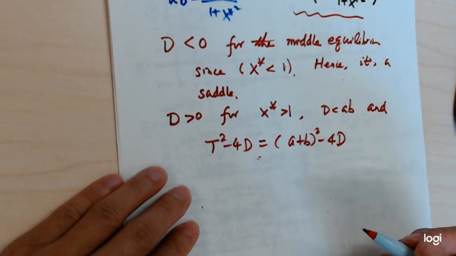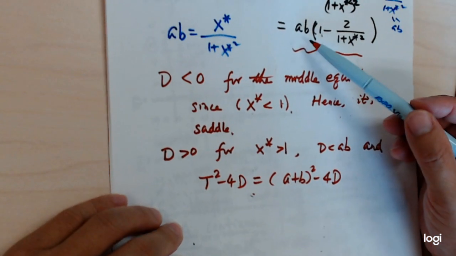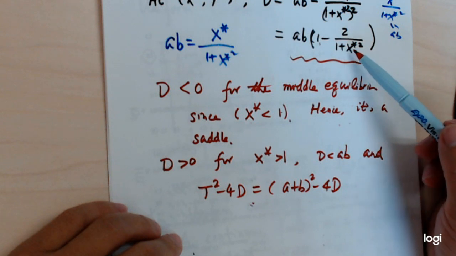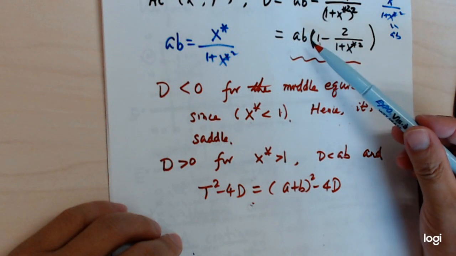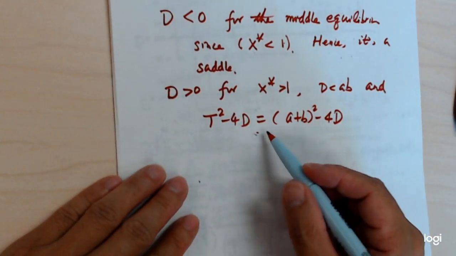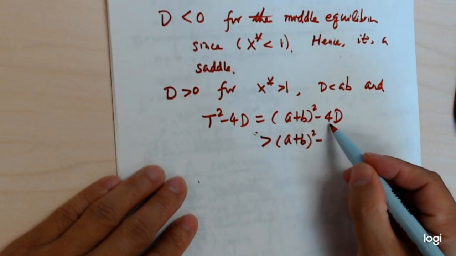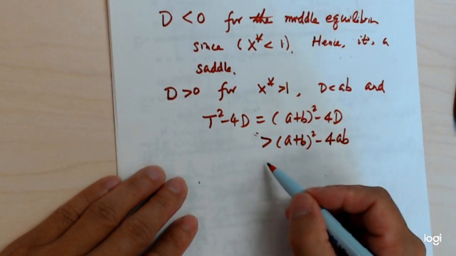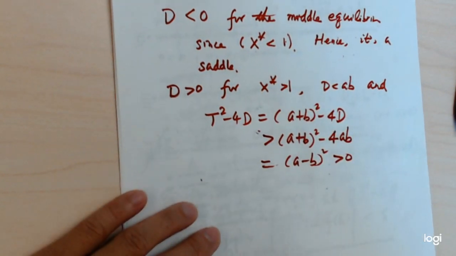Because D will be less than ab, from this formula here, when x star is bigger than 1, D will be less than ab. So this is bigger than 4ab, which is actually just a minus b squared. That's why this guy is always positive, okay?